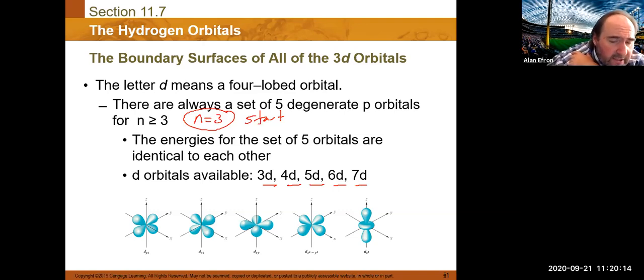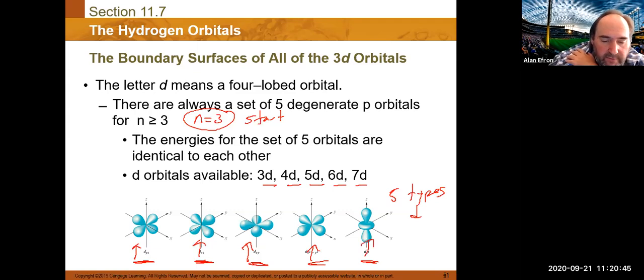And unlike s orbitals or p orbitals, there are actually 5 different types, and these are them on the bottom: 1, 2, 3, 4, and 5 different types of d orbitals. For the most part, they look like 2 p orbitals that have been stuck together, except for the last one, which is kind of like a donut with a p orbital coming through the middle. But since there are really 5 different d orbitals, each of them can hold a maximum of 2 electrons.